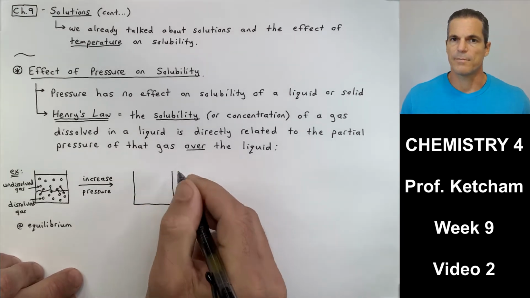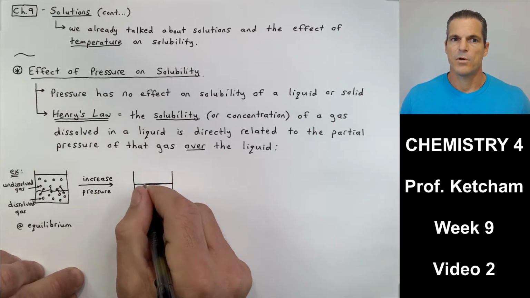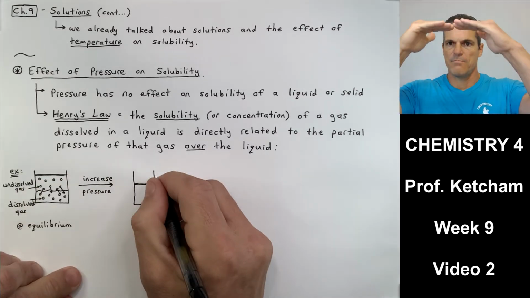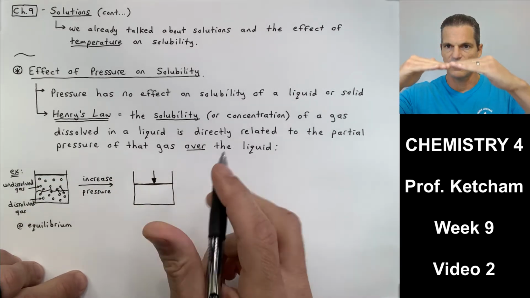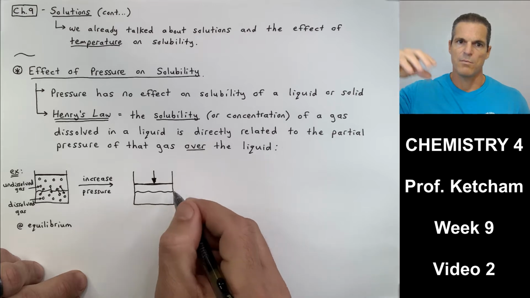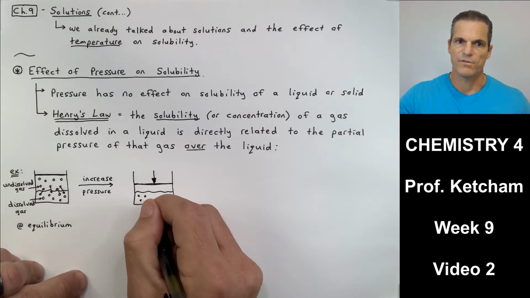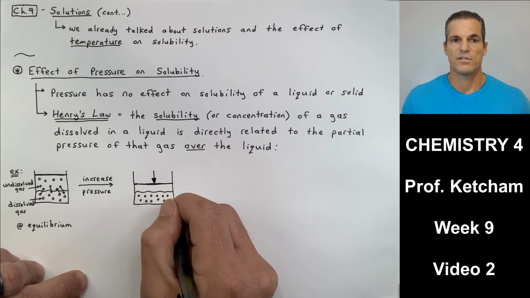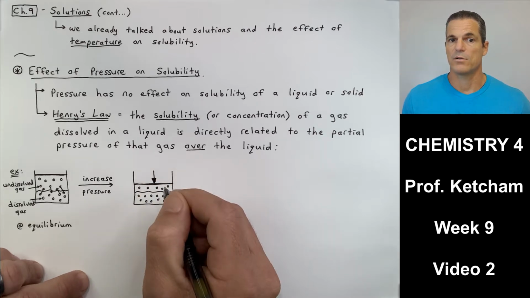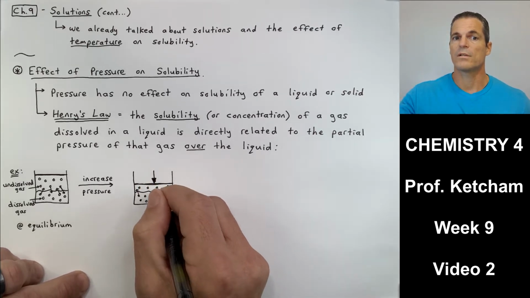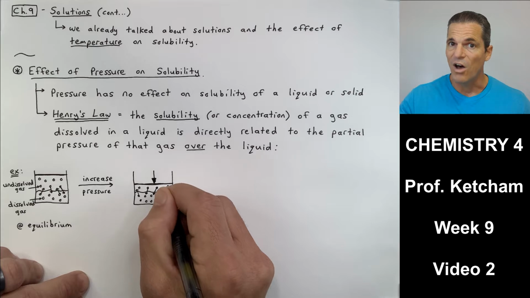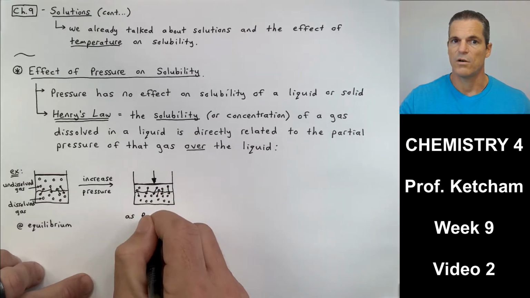Now if I increase the pressure, what am I doing? I'm coming down on the surface of that liquid. I'm forcing more gas particles to dissolve into the liquid. So you see, I've got fewer gas particles in the gas phase, more gas particles actually dissolved into the water solvent.